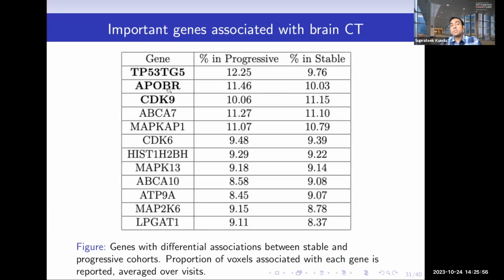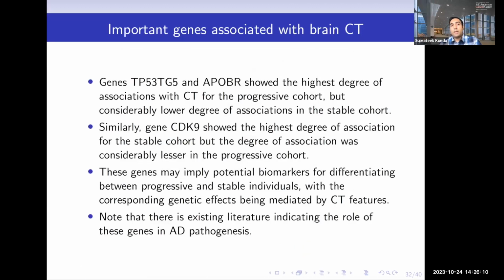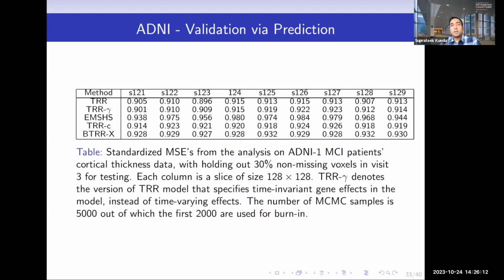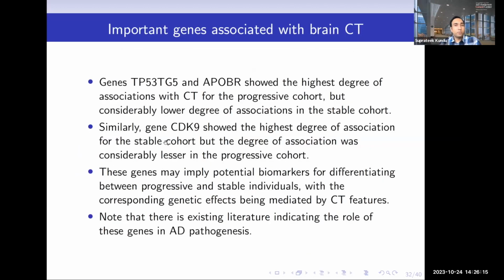But these 3 genes were found to be significantly associated, and essentially these 3 genes control the pattern of differences in the progression of the brain image over time. We have some brain maps here, and these genes have been shown to be associated with Alzheimer's in some capacity. Again, these details are in the paper.